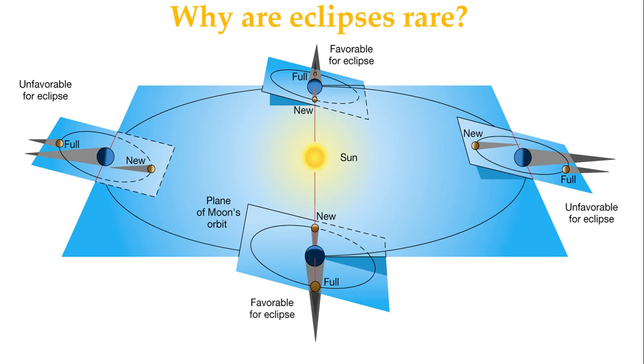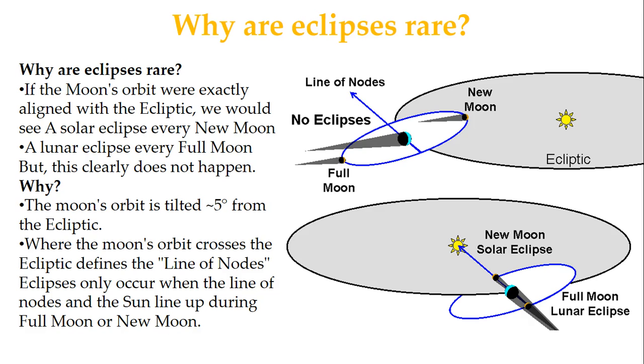Whenever we start looking at this, you've got to have perfect alignment, and the moon must be in the correct phase, as well as be either at apogee or perigee, and then on the node, and that'll determine which type of eclipse you're going to get.